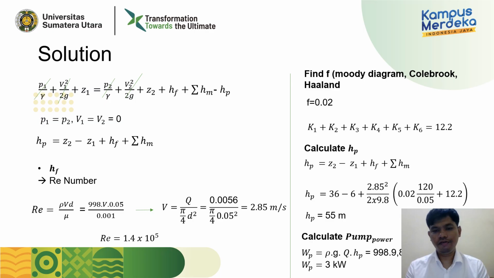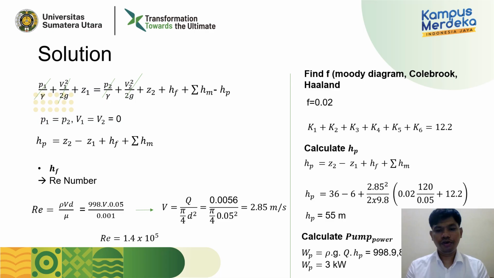The elevation of the second reservoir is 36 meters, and the elevation of the first reservoir is 6 meters, and this is the velocity of the flow, this is the density, and we have the major losses and minor loss coefficient here. Then we find that the head of the pump is equal to 55 meters.